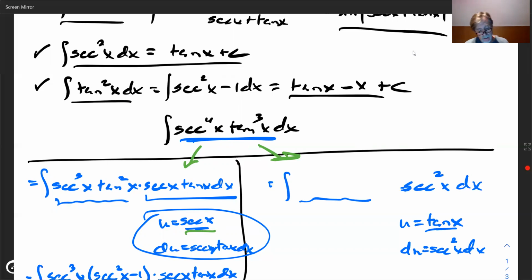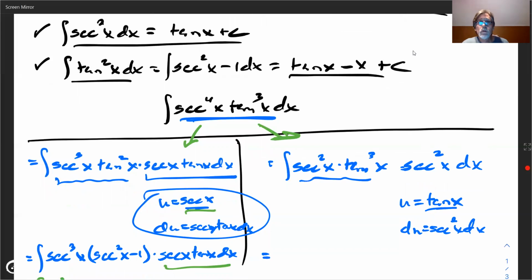tangent, okay? What do we have if we take off 2 secants? Well, we still have a couple more secants, secant squared. We went from 4 to 2 to 2 and 2, and then we have a tangent cubed left over, okay? So can we write everything in terms of tangent? Let me look.